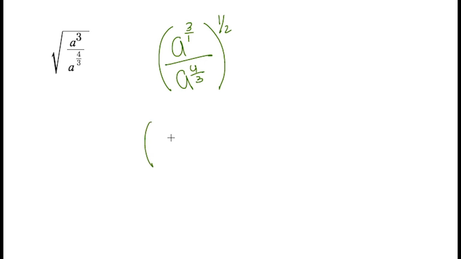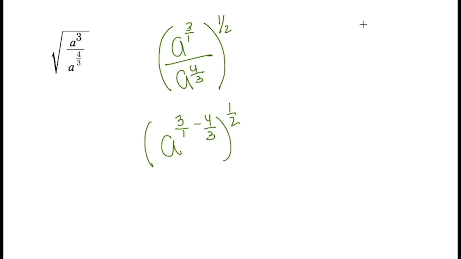Okay. So here it's the square root of a cubed over a to the 4/3. I will rewrite this as a to the power of 3/1 divided by a to the power of 4/3, all to the power of 1/2, because that's equal to taking the square root. So first, to simplify inside the parentheses, we have to subtract since we're dividing.